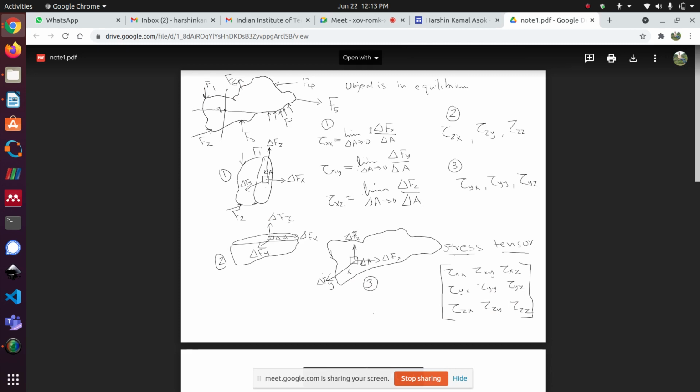We chose an object, a body, and we wanted to define stress at point Q. So to do that, we split the body into 8 parts. Well, our objective is not to divide the body into 8 parts. We used 3 mutually perpendicular planes to cut the body at Q.